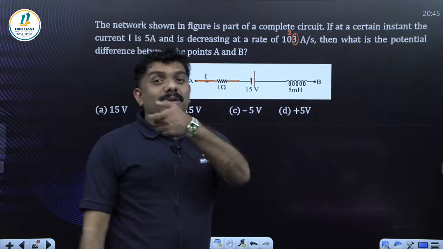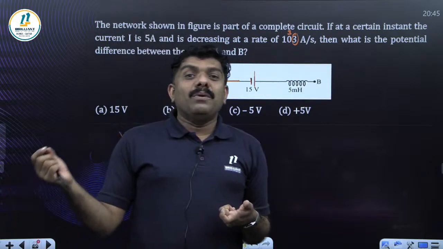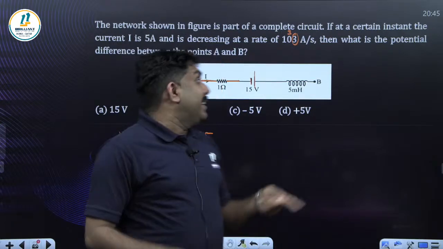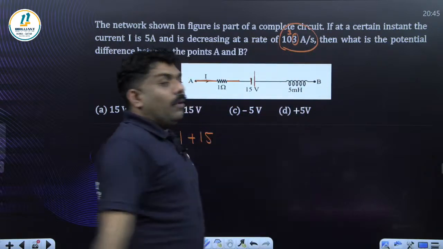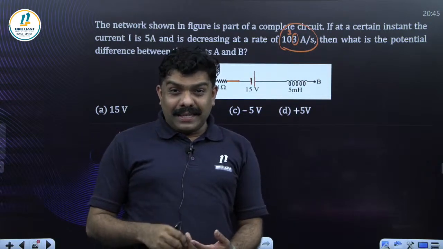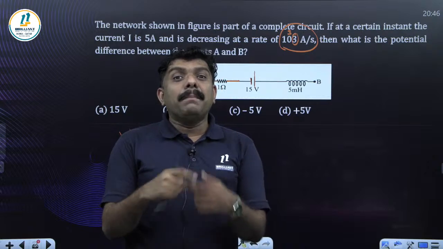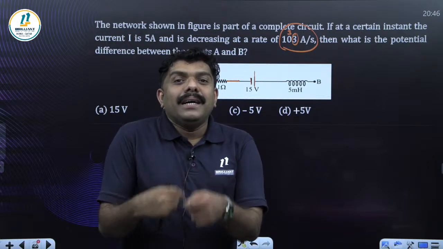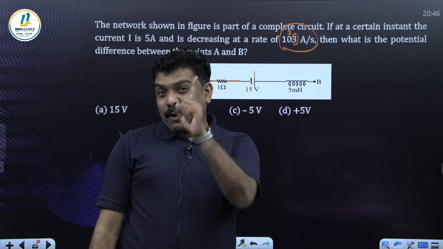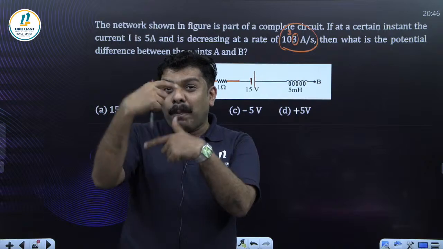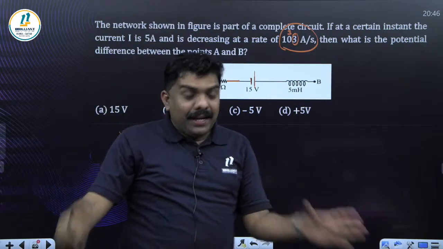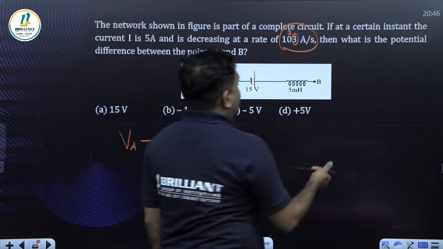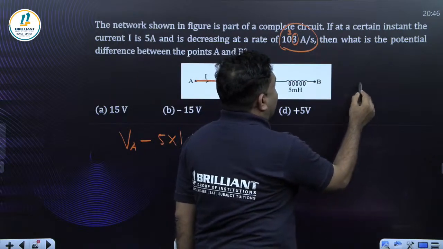Then we are going across the inductor. We studied that when current changes at a rate, an EMF is induced in the inductor. One more point: that EMF opposes the growth of current, so it drops only. How much is the EMF induced in the inductor?